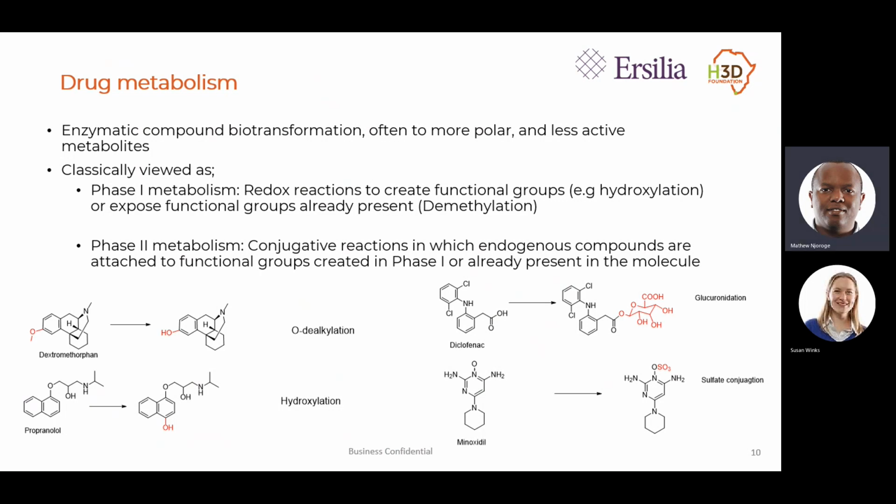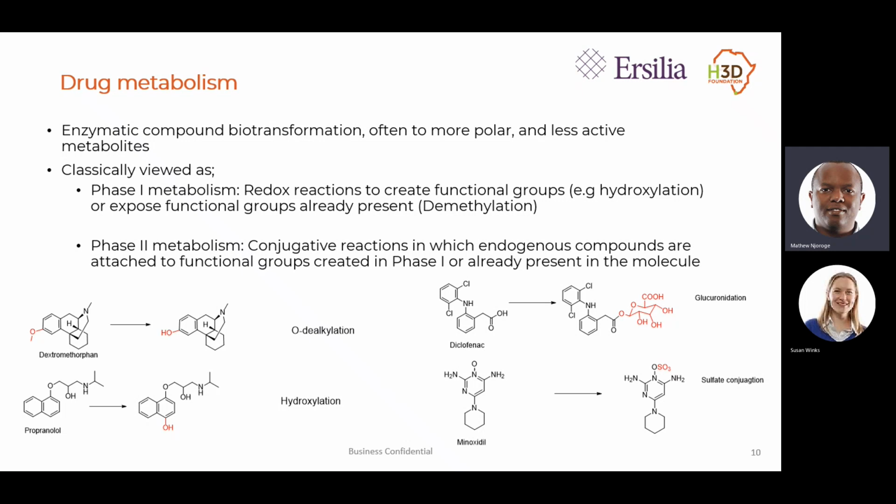And that interaction tends to result in a transformation that can either be a redox type of reaction, what most people refer to as phase 1 metabolism, and an additional way is a conjugative type of transformation, that is attaching an endogenous molecule to our compounds, and that is usually referred to as phase 2 metabolism. Phase 1 and 2 refer more to the types of metabolism that occur rather than to the sequence in which they occur.